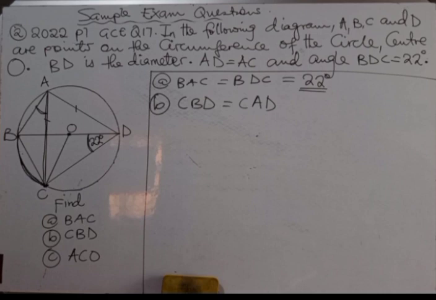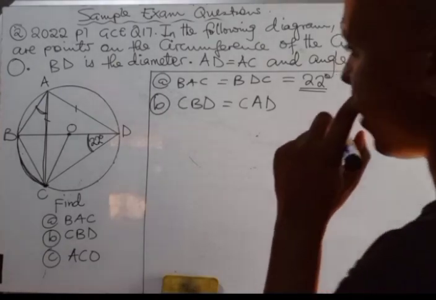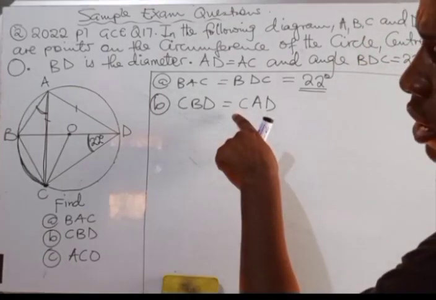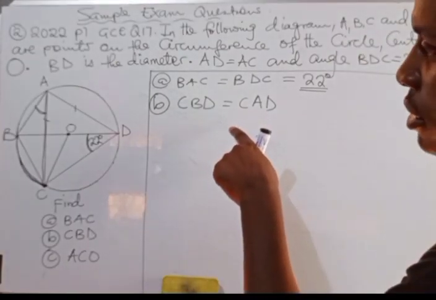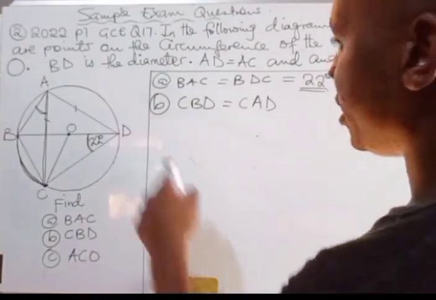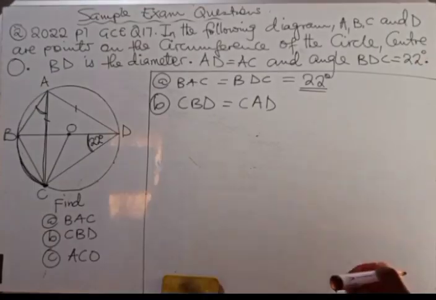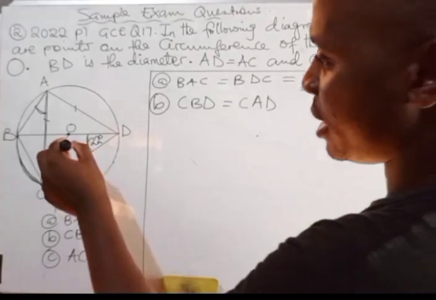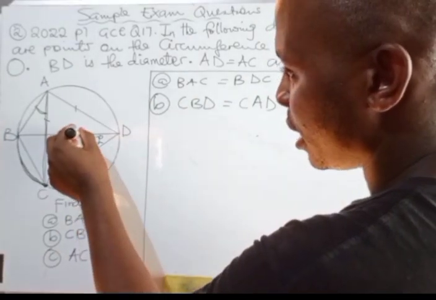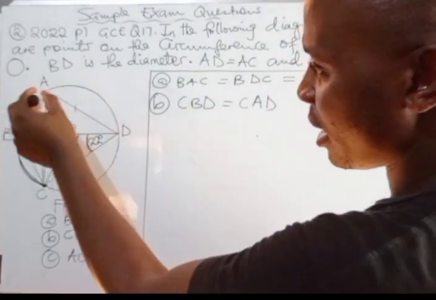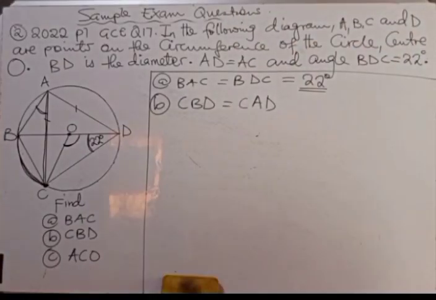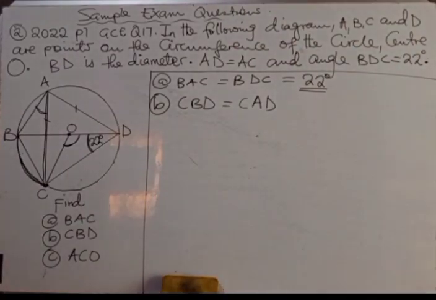We need to find CAD. We know that CAD is the angle at the center divided by 2.